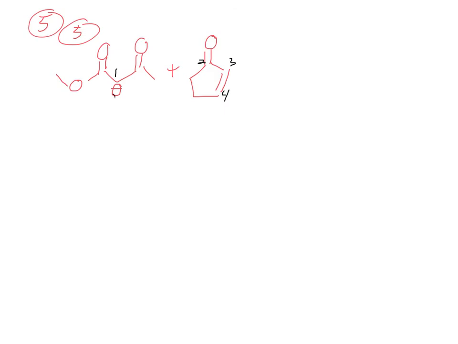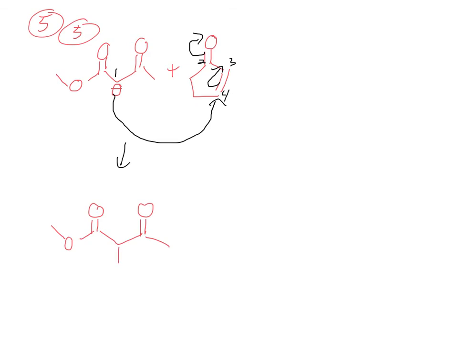Yep, so my negative charge then attacks carbon 4. The pi bond between 3 and 4 goes between 2 and 3. The electrons between 2 and the oxygen go up. Break the pi bond. So what do we have? Nope, I screwed this up, didn't I?